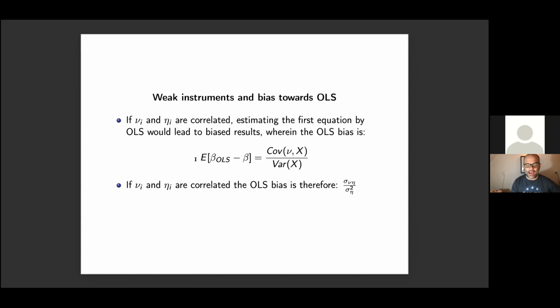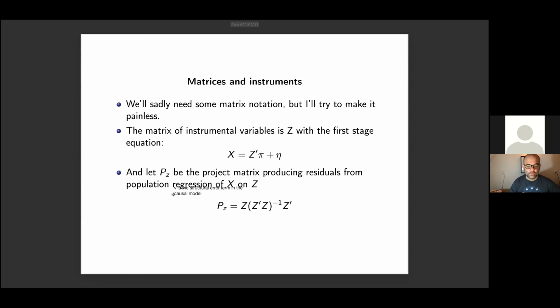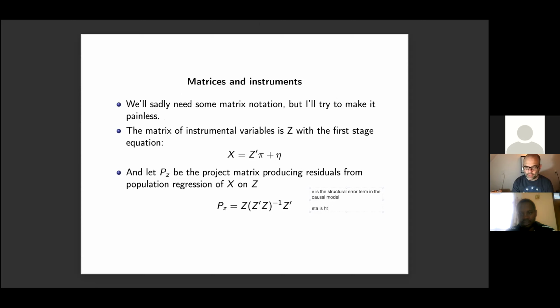So you've got V here, the structural error term in the causal model. And eta is the first stage error term.